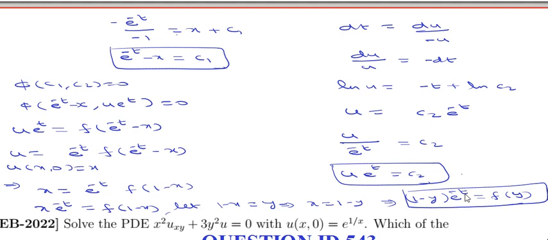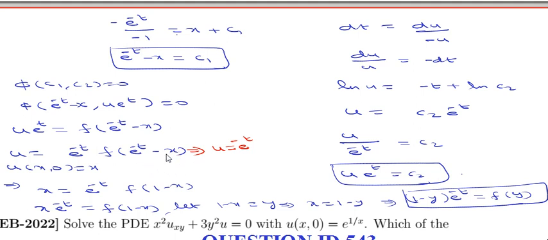So using this, we can write u. Now this implies u equal to e power minus t.